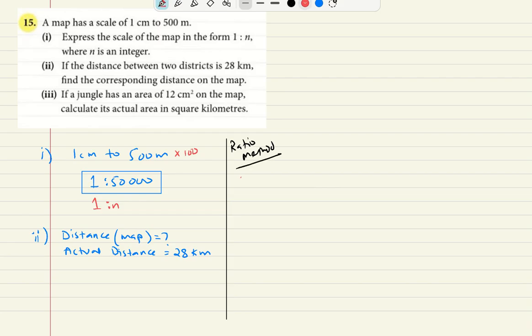We can write map is to actual. The map length is x because we have to find out, and the corresponding actual length is 28. Now we can input the scale. Acha, over here the scale is saying 1 centimeter to 500 meters.